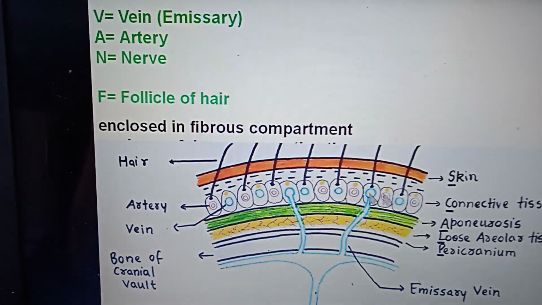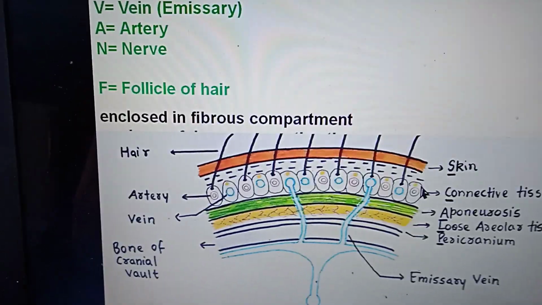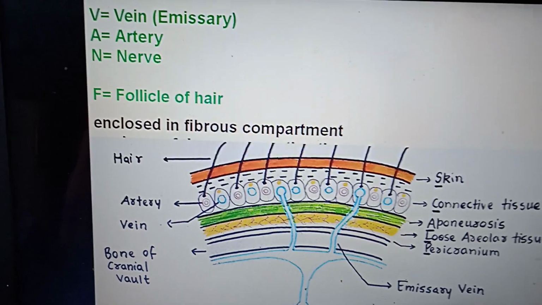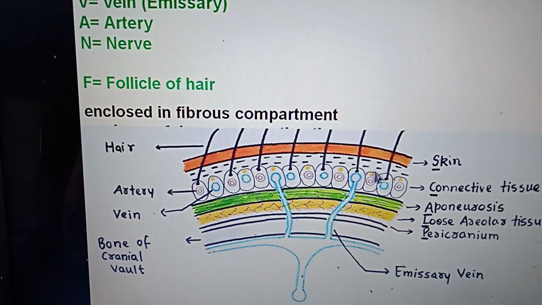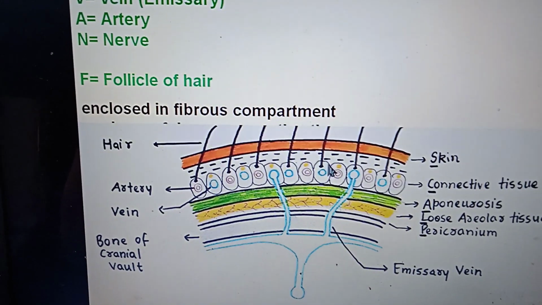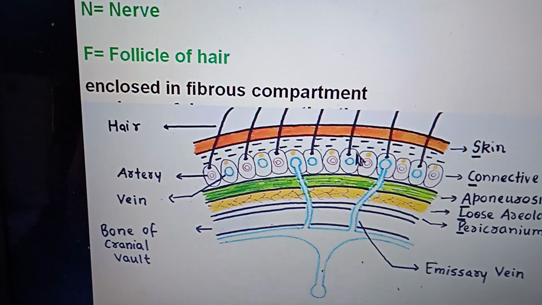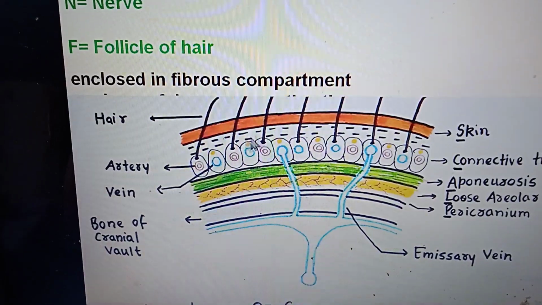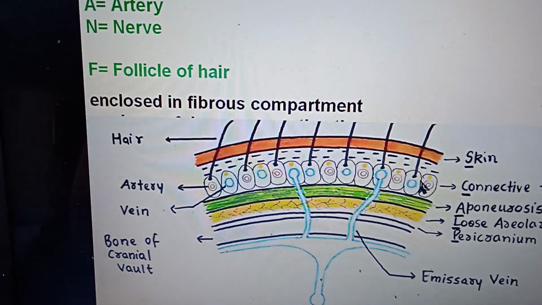This is the anatomical basis why the scalp injury bleeds profusely, because it can't contract. It is stretched by the fibrous trabeculae coming out from the fibrous septa, which forms the many compartments in this layer. Okay.